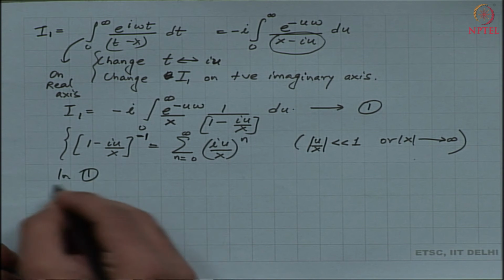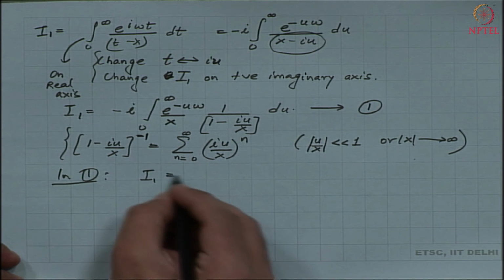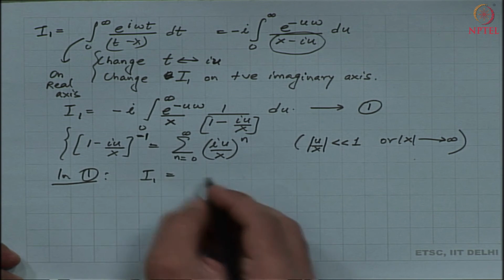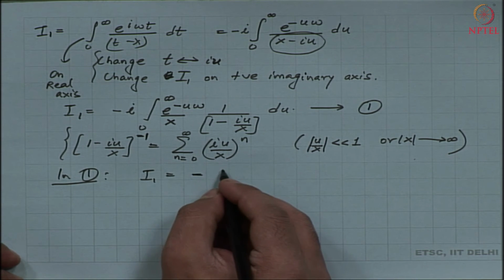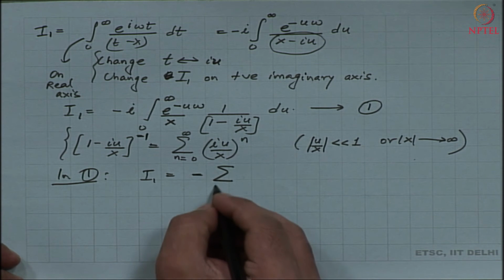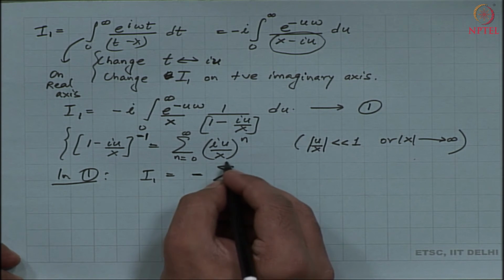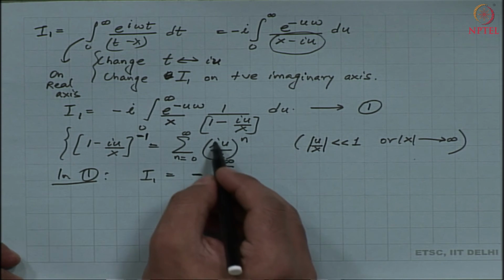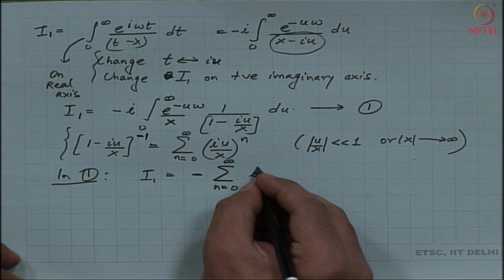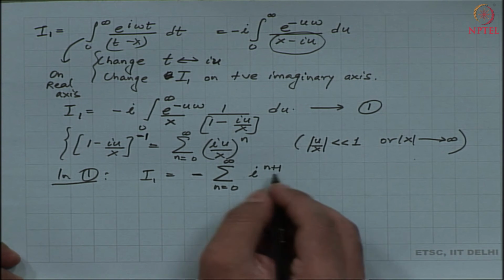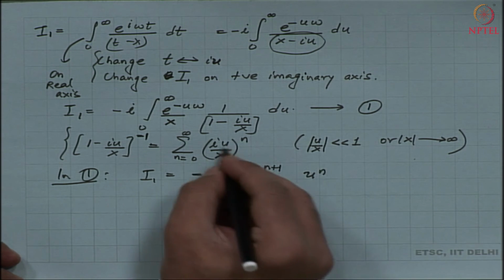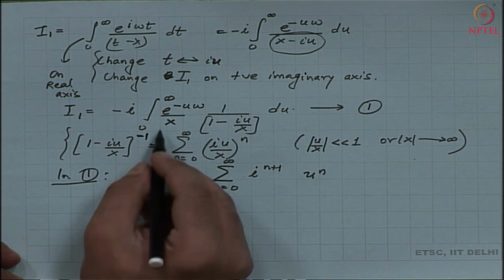In step 1, my I1 now is seen as follows. I keep this negative outside. Now I take the summation. I have already interchanged the sum and the integral. So the summation n from 0 to infinity, and then I have an i sitting here, and i to the power n will give me i to the power n plus 1, and then I have u to the n coming from here, divided by x to the n times x.